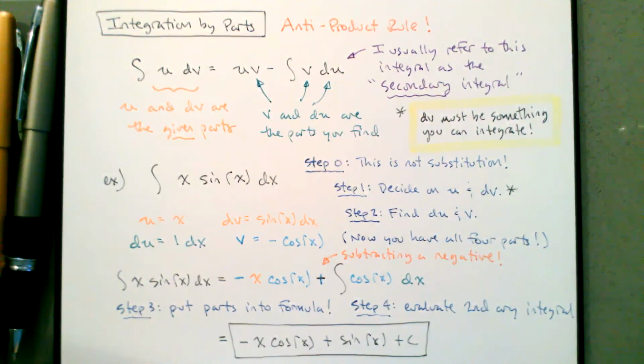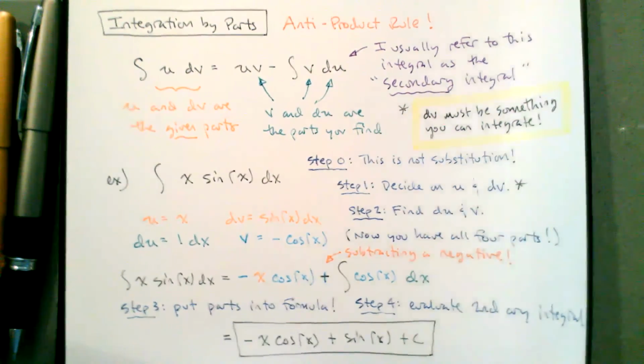And then step 1, you decide on u and dv. You get to decide how to break apart this integral. But you have to remember that dv is something that you're about to integrate, so the dv has to be something that you can integrate. After that, it's just a matter of putting parts into the formula and then evaluating your secondary integral.